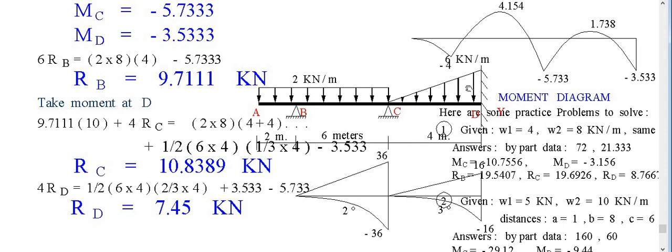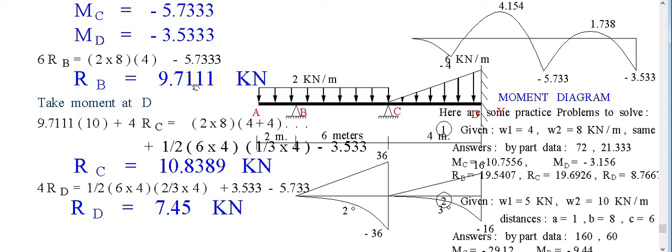Moment at D is the same rotation as with this. Moment at D is 5.533 positive, the same direction as this one, while the moment at C is opposite as with the moment at D. So minus 5.733. Okay, I hope you don't confuse. Okay, solving for RD, it is 7.45 kilonewton.